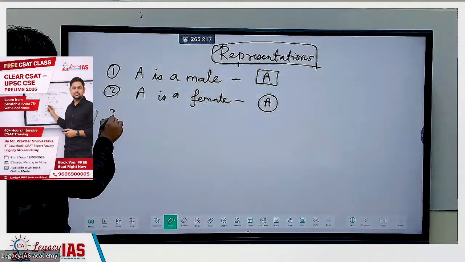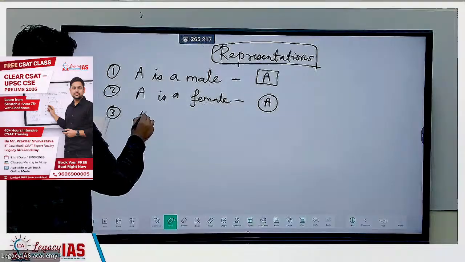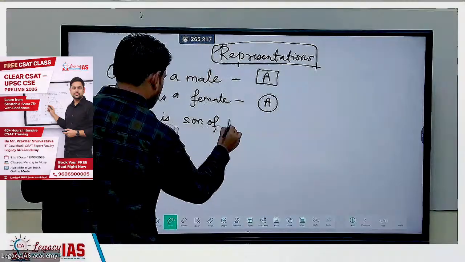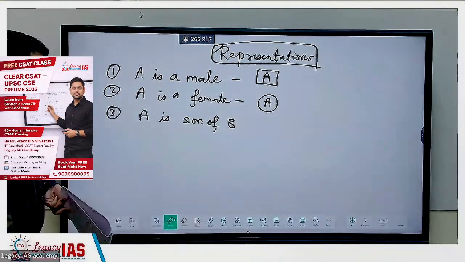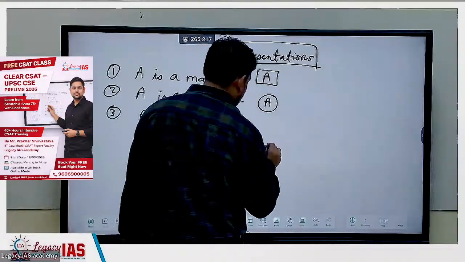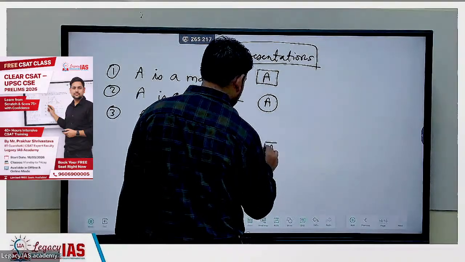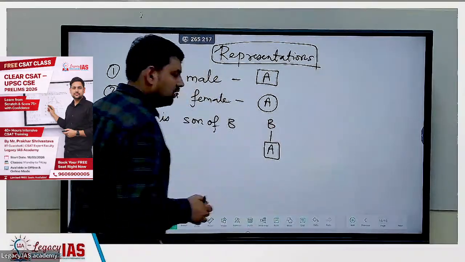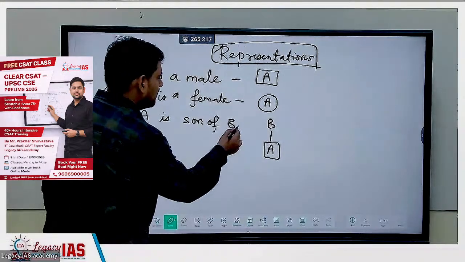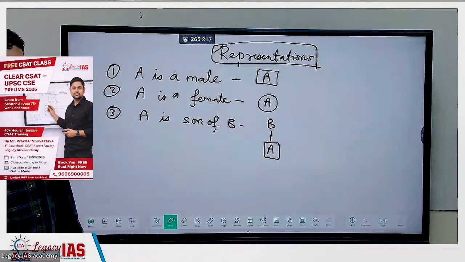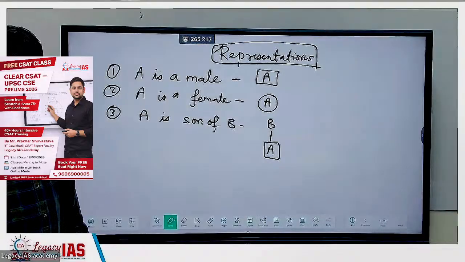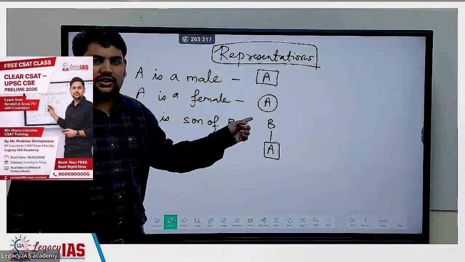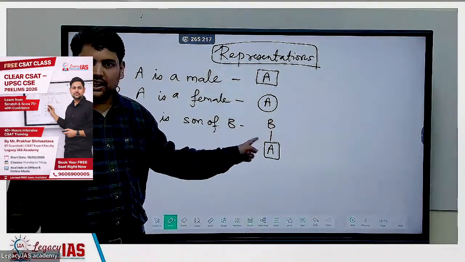Then, if I have to write A is son of B. Now understand, this is A. A is son, so A is a male, son of B. Right now we don't know the gender of B. So when we don't know anybody's gender, we don't put it inside a box or a circle. We just leave it as it is.